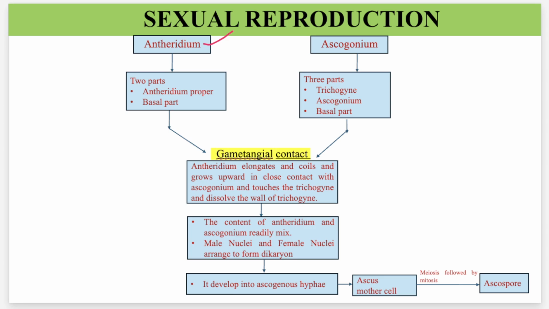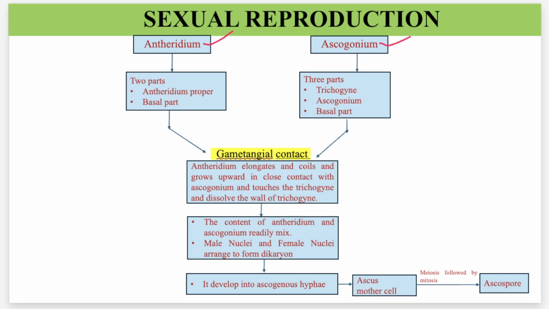In sexual reproduction, antheridium is formed and ascogonium is formed. In the antheridium, a proper and basal part is formed, and in the ascogonium, trichogyne, ascogonium and basal part are formed. Through gametangial contact, the antheridium elongates and coils close to the ascogonium, and it touches the trichogyne and dissolves the trichogyne, right?